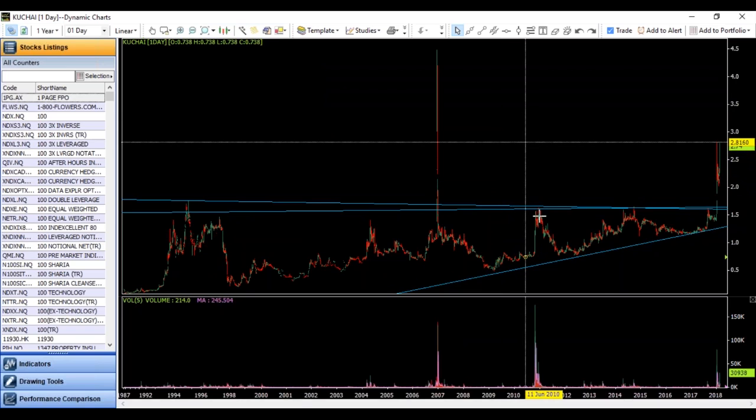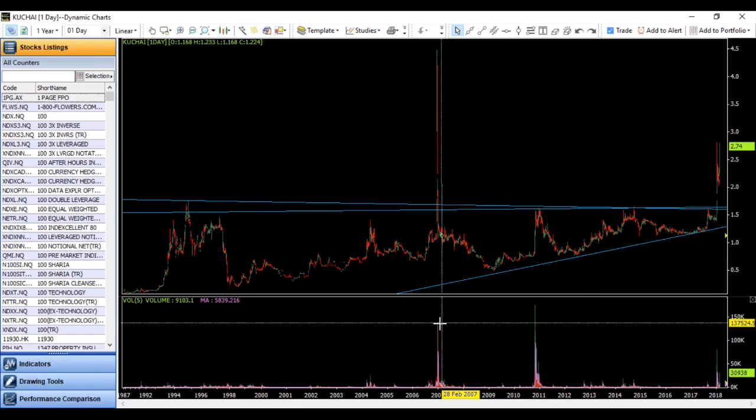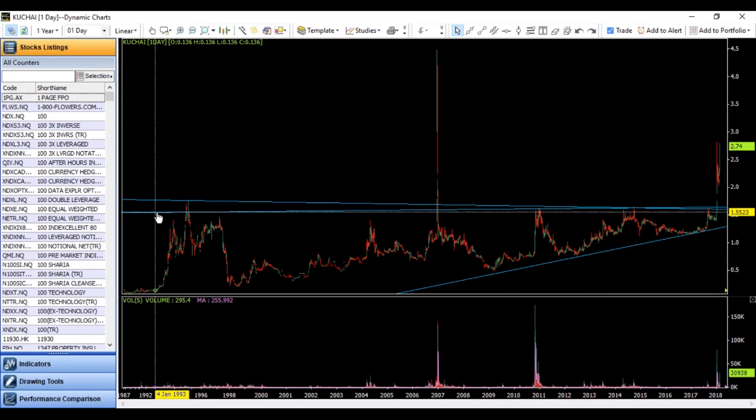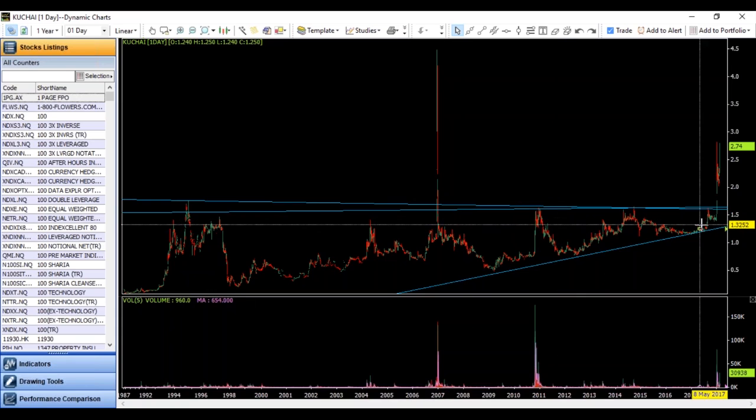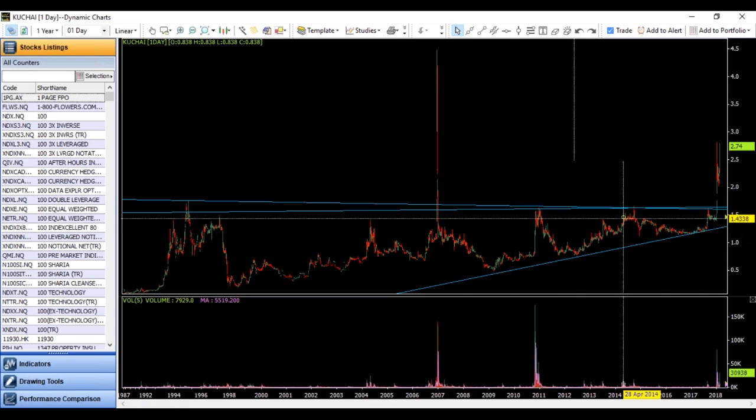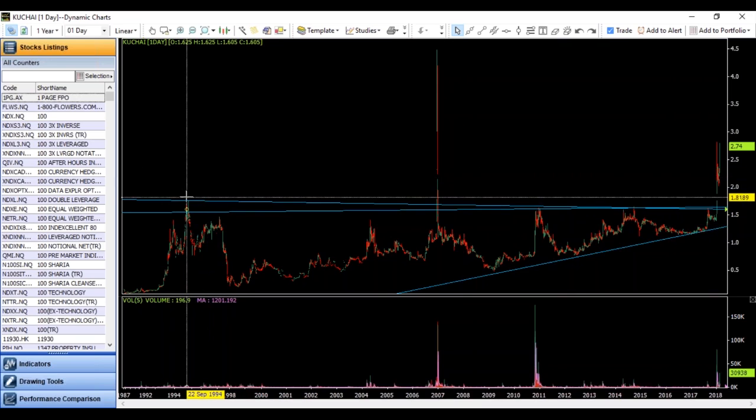This is Kuchai, and you can see, I think it was just Saturday we did this, and it's up today almost 18%. But the idea is that this sector may do well since the stock we have in this sector at this moment is only this.